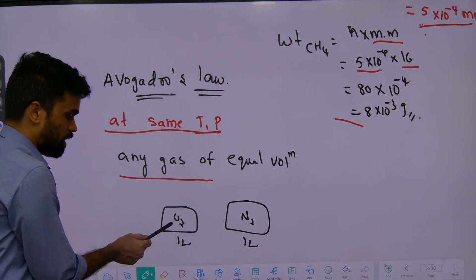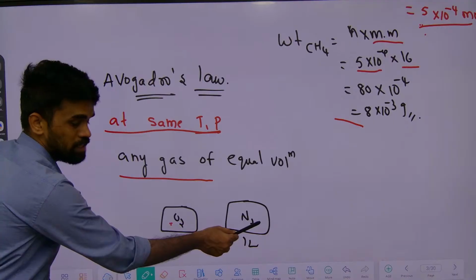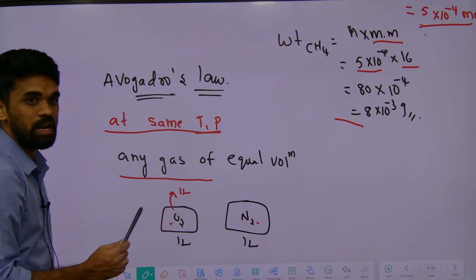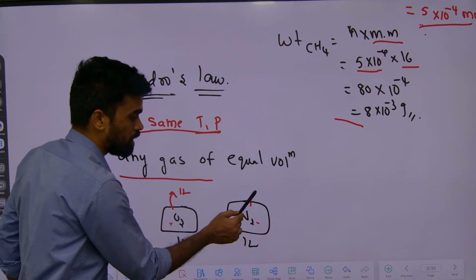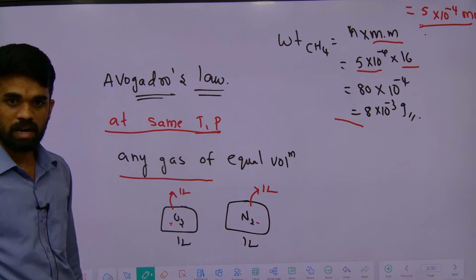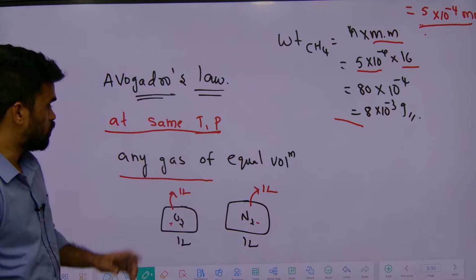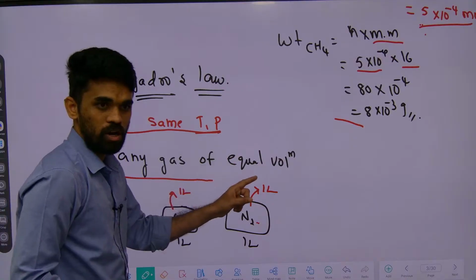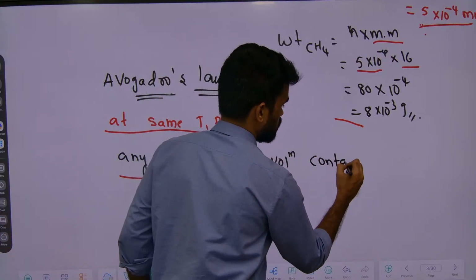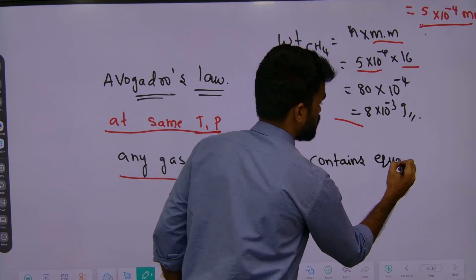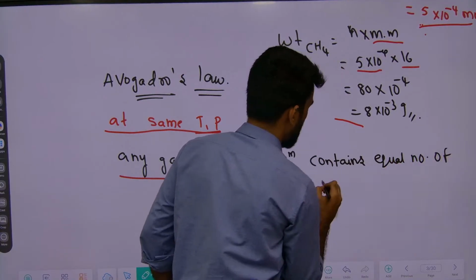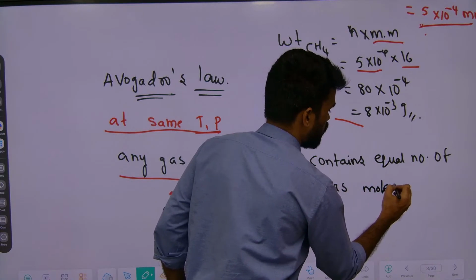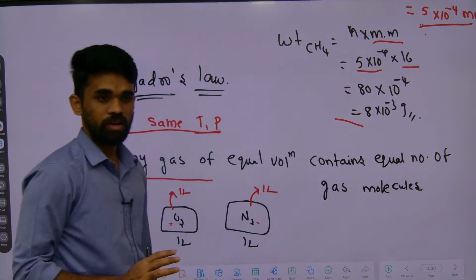So whatever the number of particles present here, same number of particles will be present here. It means, let us say 1 liter of O2 contains some 1 lakh particles, 1 lakh oxygen molecules. Then 1 liter of N2 also contains 1 lakh N2 molecules. Is this clear or not? So at same temperature and pressure, any gas of equal volume contains equal number of gas molecules, or atoms or molecules, depending on the question.